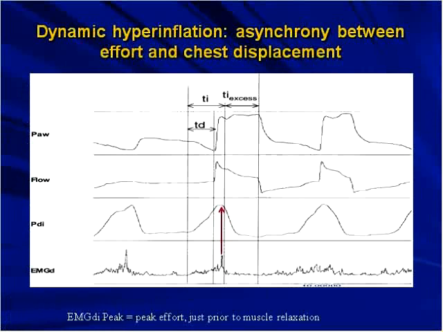And this is just a slide to show how dynamic hyperinflation causes asynchrony. The peak EMG of the diaphragm, which is peak effort, you can see with an excessive pressure support level that the patient becomes dysynchronous.